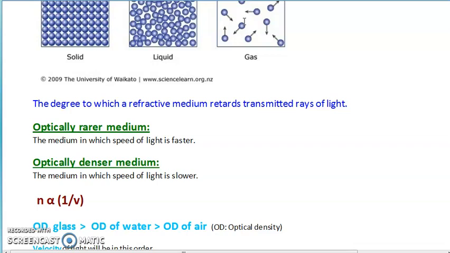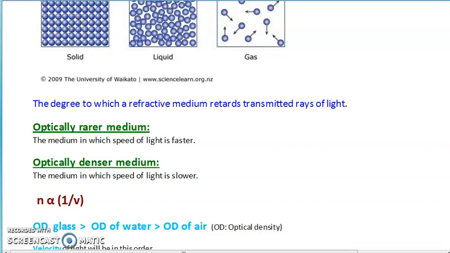Then what is the optically denser medium? Of course, the medium in which the speed of light is slower. That means the molecular arrangement will be dense. Dense means high in number or packed together in that material.